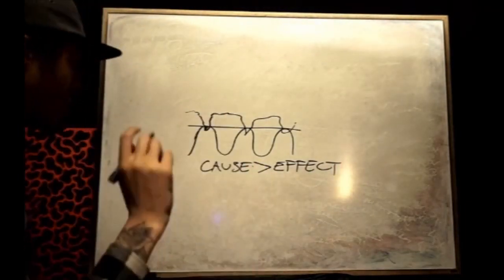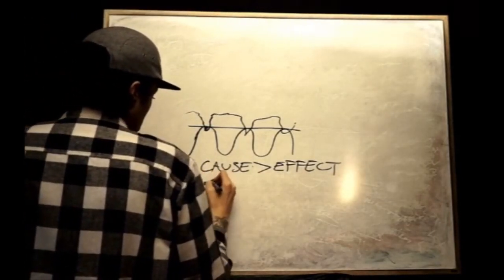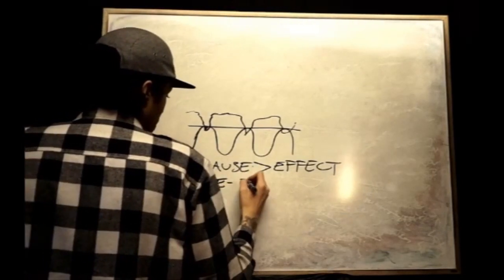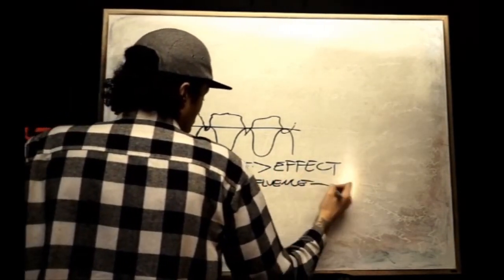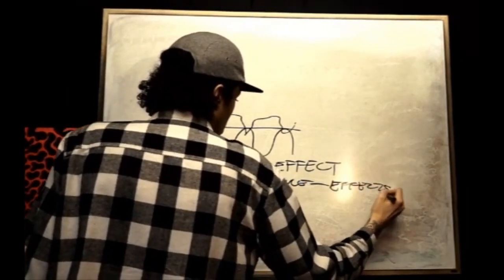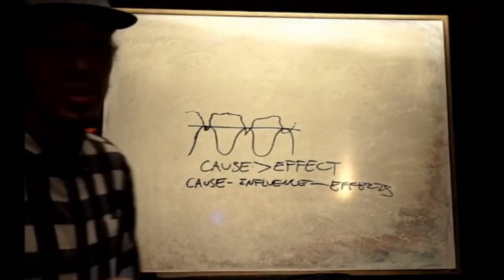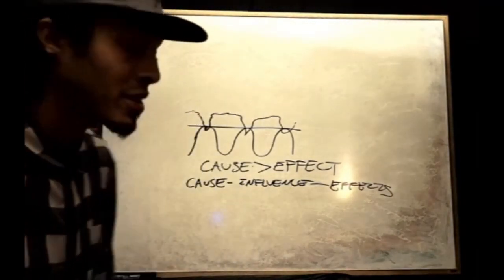One causes the other. But in reality, it's more something like cause, and then there's some kind of influence, and then we see the effects. This is more of like a three-step process, and that's where this AOL stuff comes in.